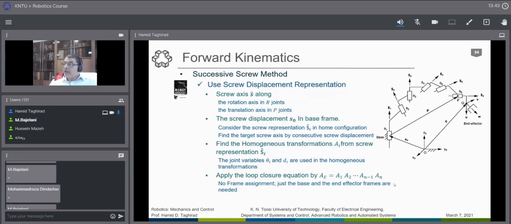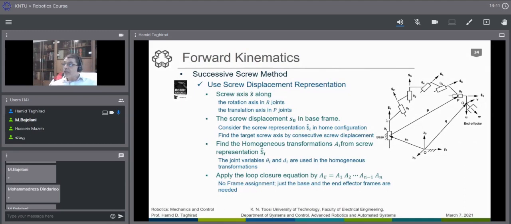As we mentioned, if we could represent the motion with the screw, not vector, with the screw tuple or representation, and then from the screw, which has a physical meaning, we find the transformation, the homogeneous transformation.